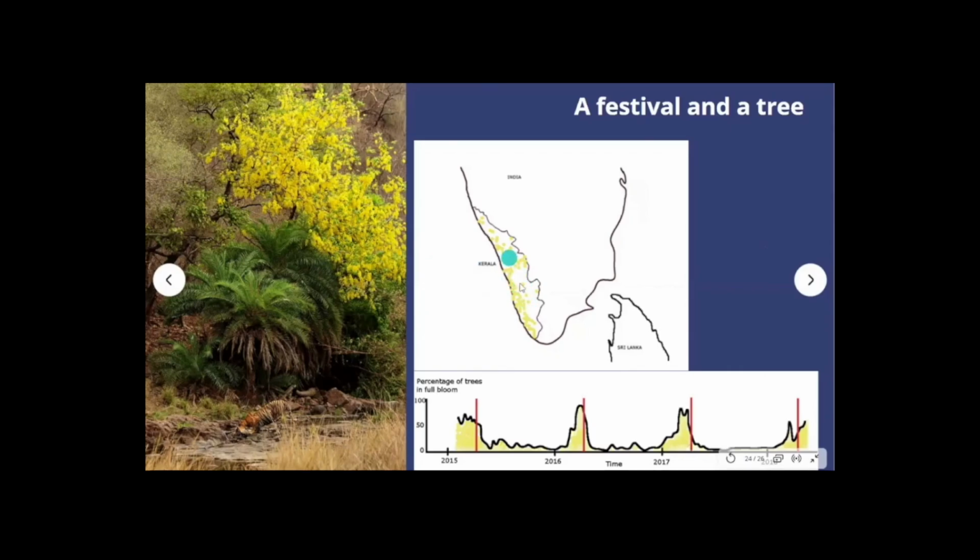So in the state of Kerala, people celebrate the Kerala New Year festival known as Vishu. And it happens to be in mid-April. People go out and collect flowers, these beautiful yellow flowers from the Kanikona trees, bring them home, and then they use them as decoration, and they look at it, and that's part of the festivities of this time.